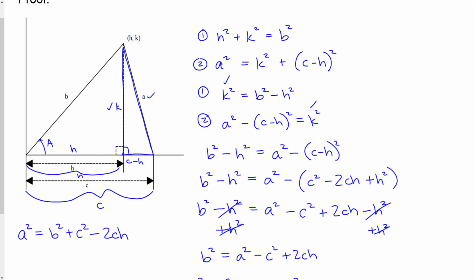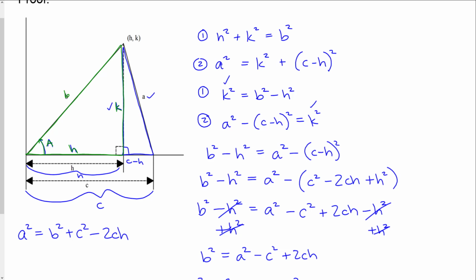So using that right triangle, and I'll draw it in green so you know which one I'm referring to. I'm referring to this triangle right here. All right, I know that this angle measure is A, the base is h, the height is k, and this length is b.